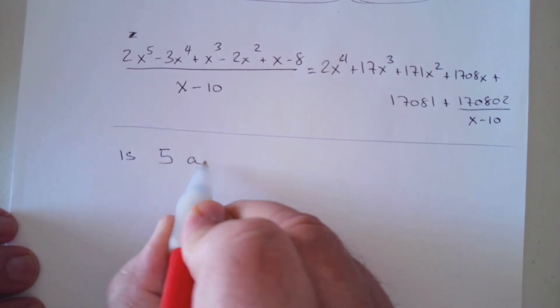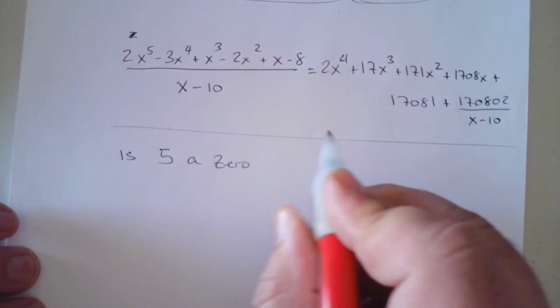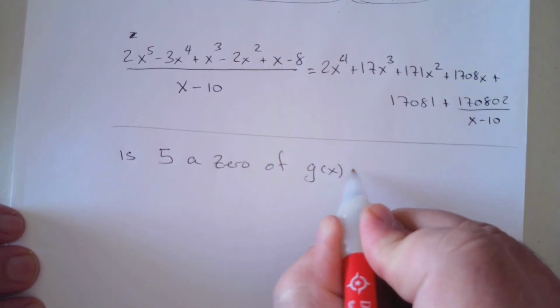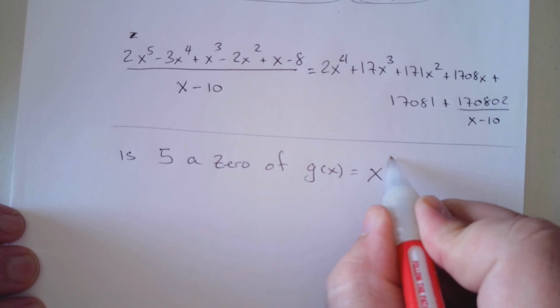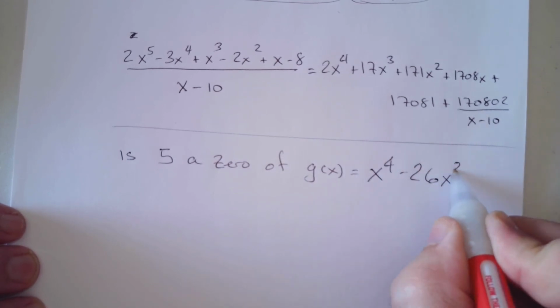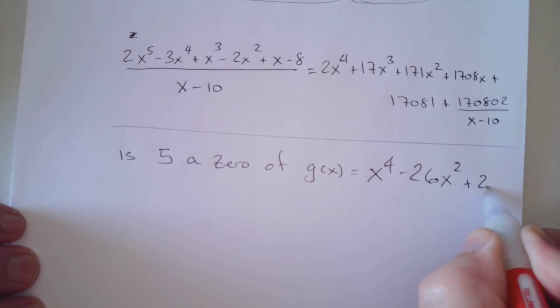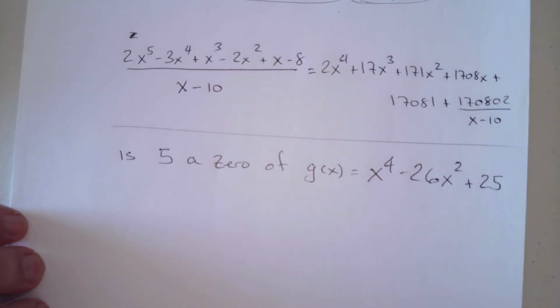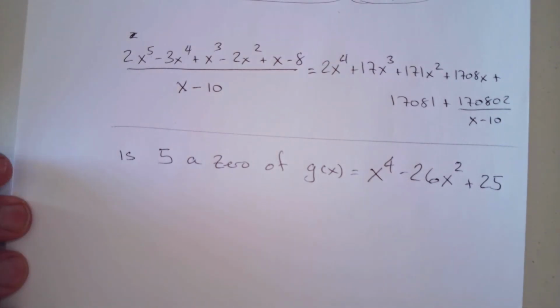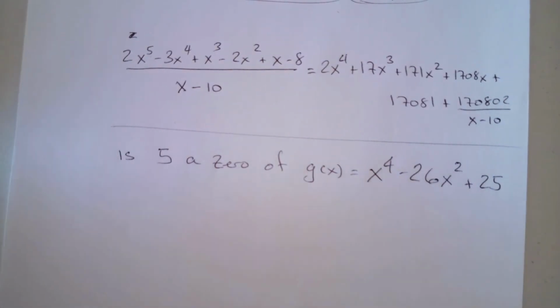Is 5 a 0 of this function? x to the 4th minus 26x squared plus 25. So how do we figure that out?